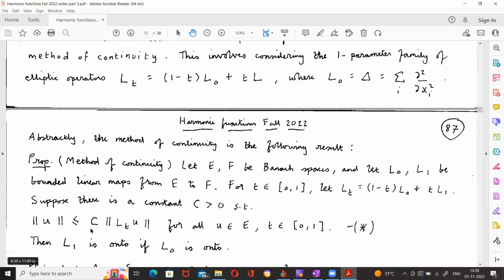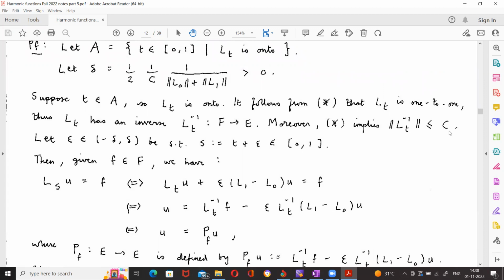If you put U equal to LT inverse of V, then the norm of LT inverse V is less than or equal to C times the norm of V. I was wrong earlier: the norm of LT inverse is bounded by C, not 1 over C.